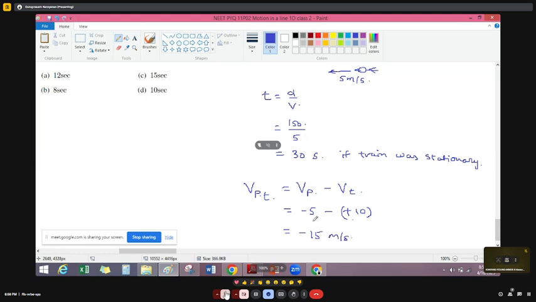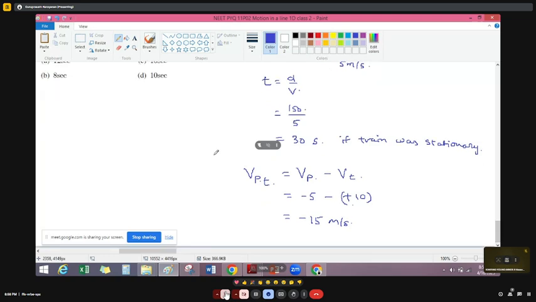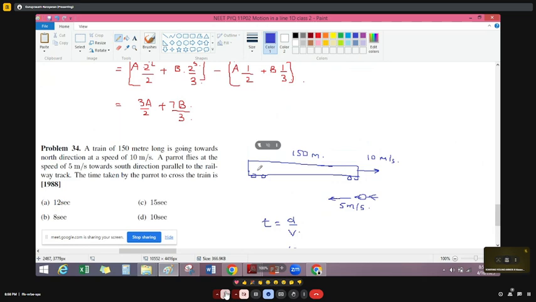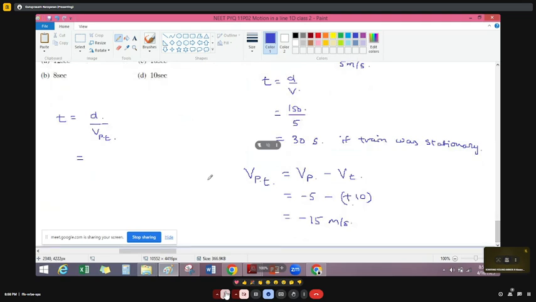Why do you get a minus? Because you are going in the opposite direction. So if I want to calculate the time, it is distance divided by velocity of the parrot with respect to train. Distance is, since you are going in the opposite direction, you can put a minus 150 there, because I am traveling in the opposite direction displacement.